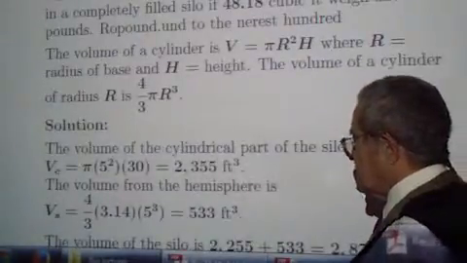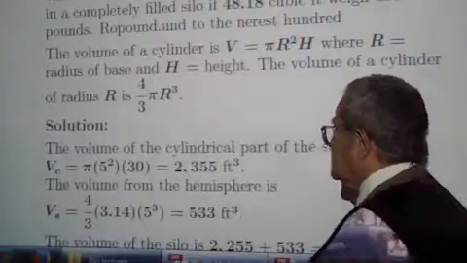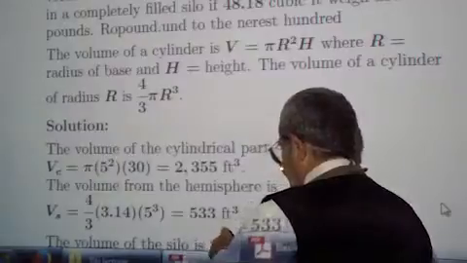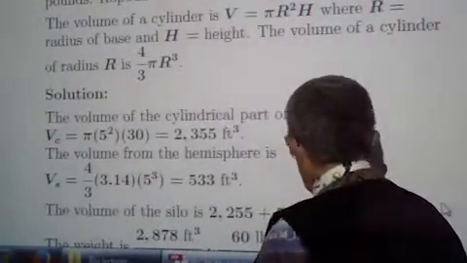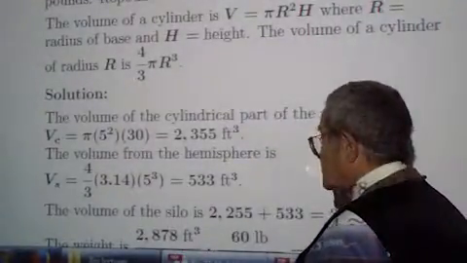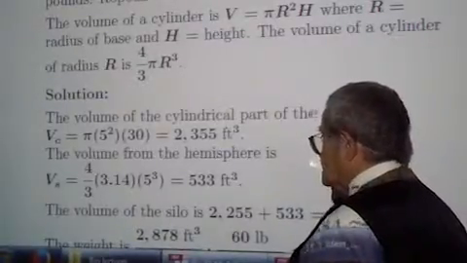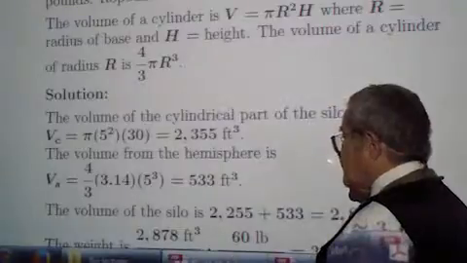And then the volume of the total sphere is 4/3 pi r cubed, about 533 cubic feet. And again, I was not careful. We just have a hemisphere.